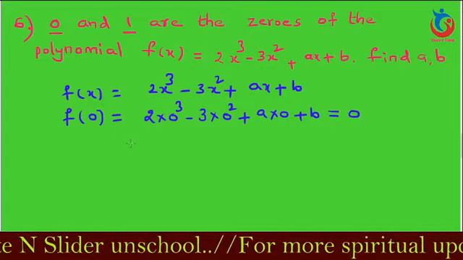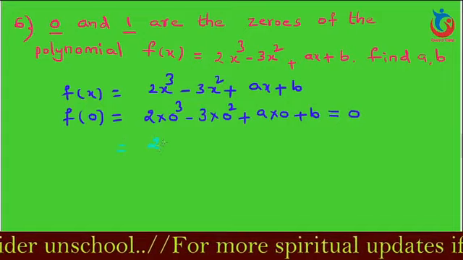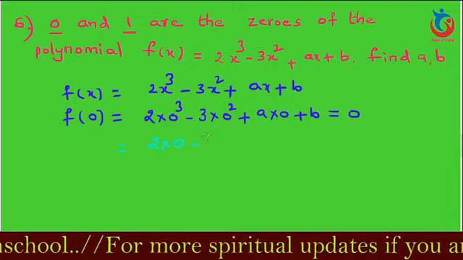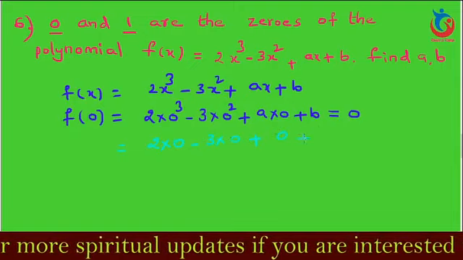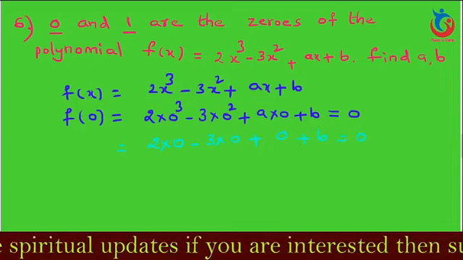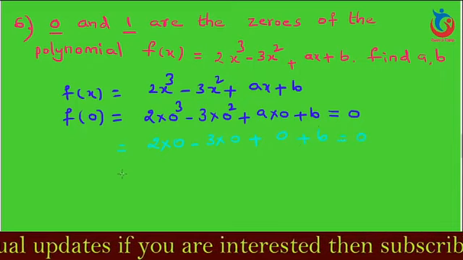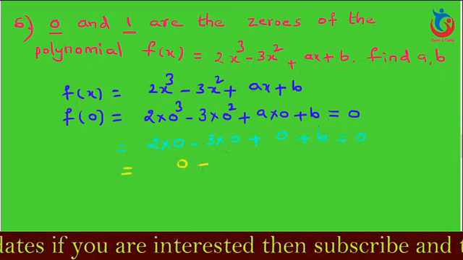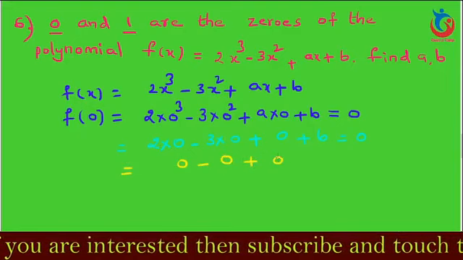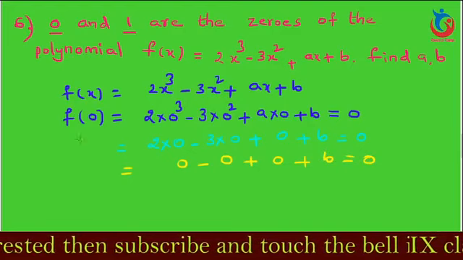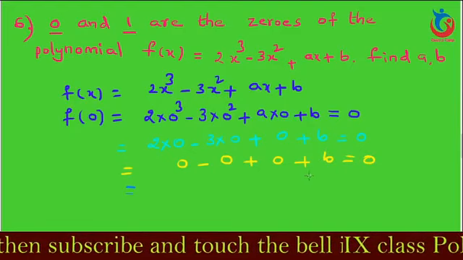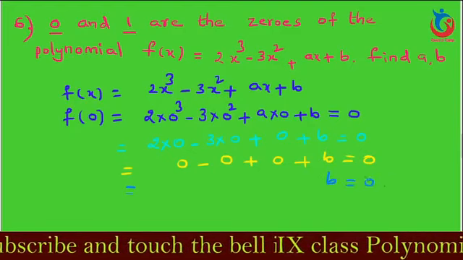So we should simplify. 2 into 0 cube is 0, 3 into 0 square is 0, a into 0 is 0, plus b is equal to 0. So in total, b is equal to 0.